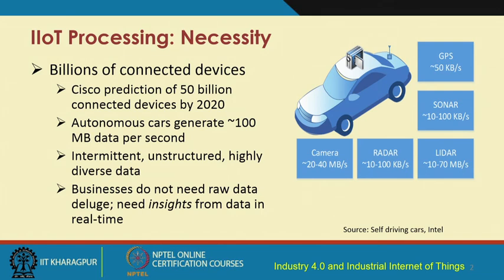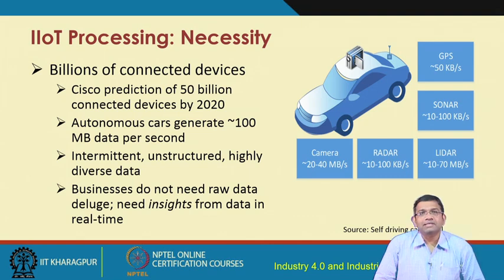These cars will generate large volumes of data, and as per one of the estimates, autonomous cars are going to generate data at roughly 100 MB per second. This data will have to be dealt with.